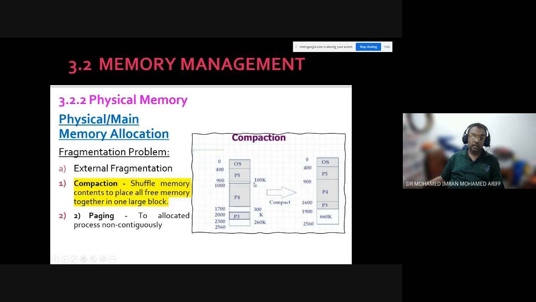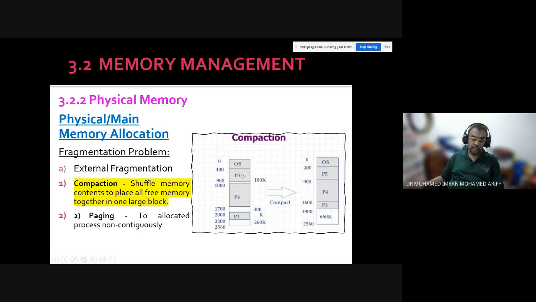As the processes leave, there are empty spaces in between. This empty space is about 100K, 300K, and 260K. If a new process comes in with a size of 600, it cannot go here, here, or here because it's not enough. However, if you accumulate these empty spaces, then you have enough space to reach 600.